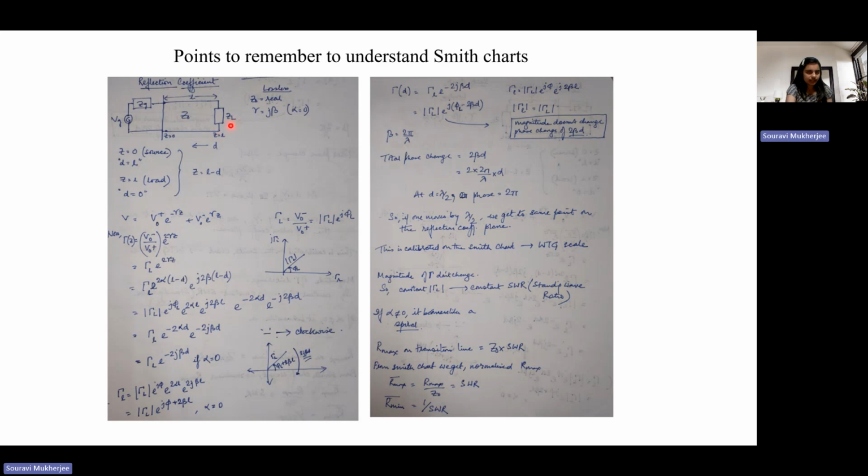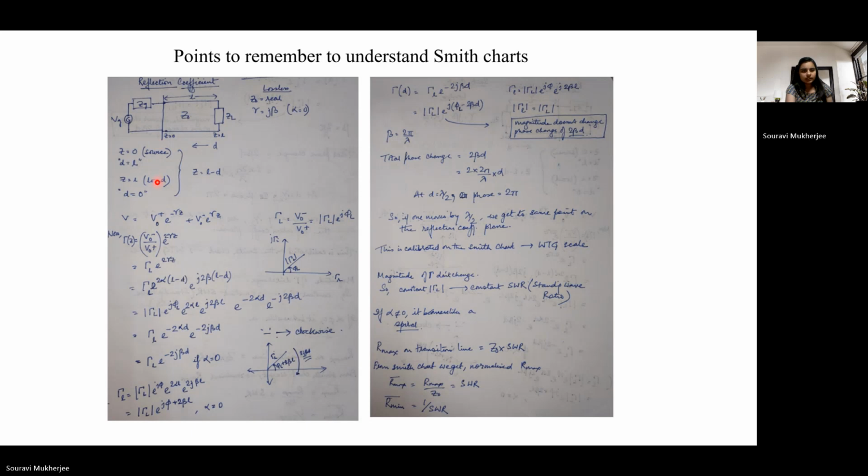That ZL is your load impedance. So you can define z equal to L as corresponding to the position of the load, and z equal to 0 will correspond to your source.